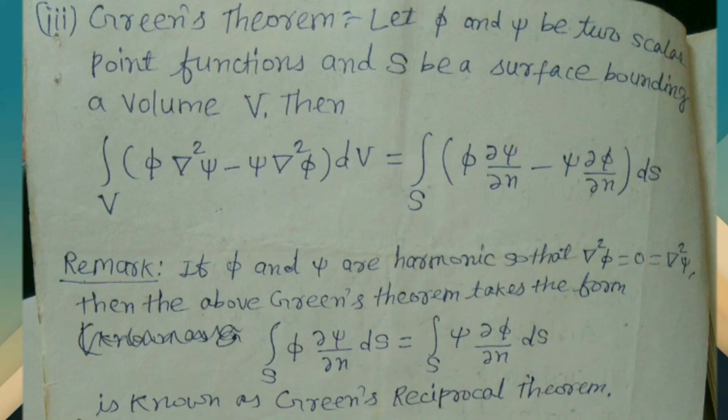Another definition is the compressibility of a fluid, defined as the variation of its density with the variation of pressure. Mathematically, it can be written as dP is directly proportional to d rho by rho, or dP is equal to K into d rho by rho.